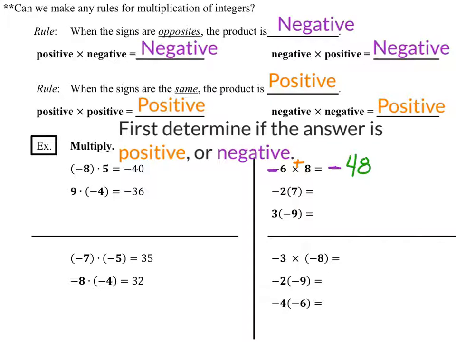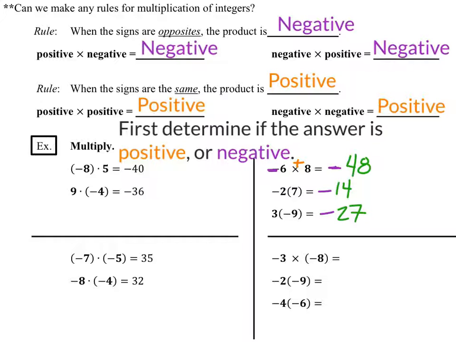The same thing is true for this next problem. I've got a negative 2 times 7. A negative times a positive is a negative, so I write the negative first. Then I do 2 times 7, which is 14. I'm even separating the colors on this so that we can see we're doing these one part at a time. Next, where it's 3 times negative 9, again, a positive times a negative is a negative, and 3 times 9 is 27.